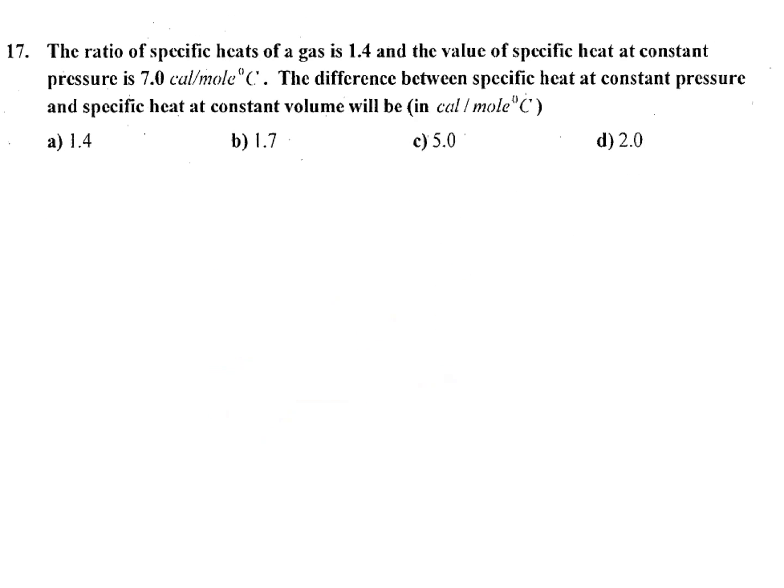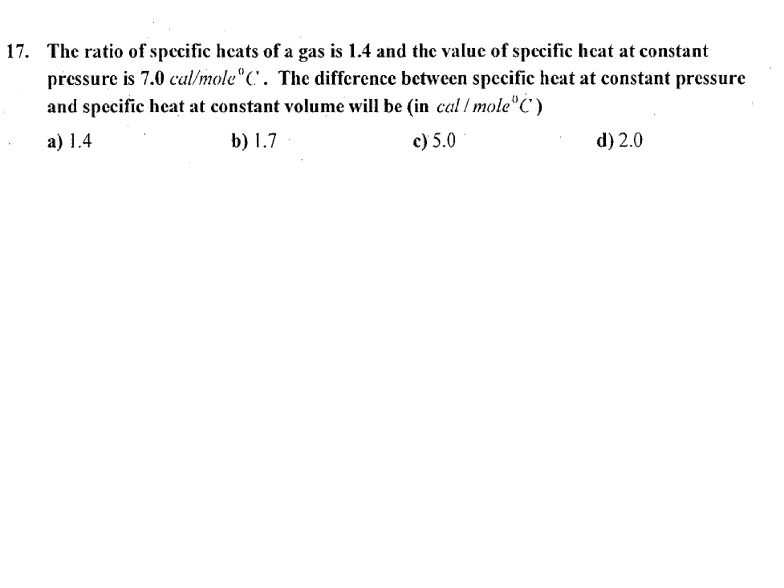The ratio of specific heats of a gas is 1.4 and the value of specific heat at constant pressure is 7 calorie per mole degree Celsius. The difference between specific heat at constant pressure and specific heat at constant volume will be how much in calorie per mole degree Celsius?